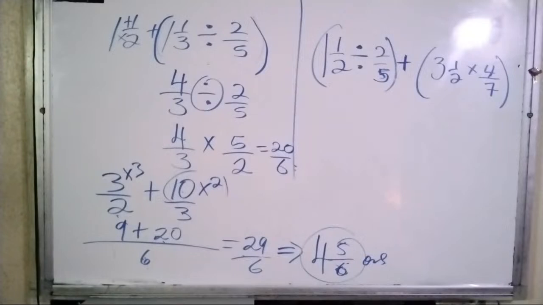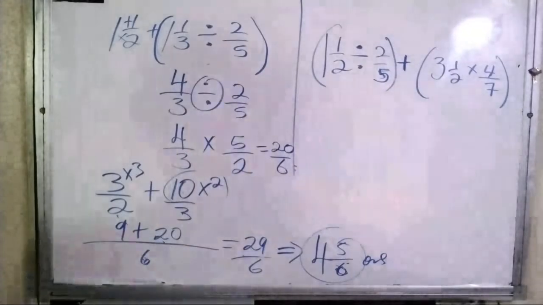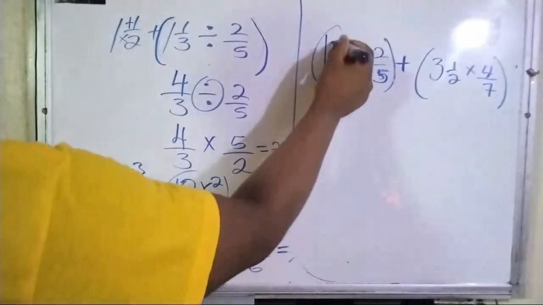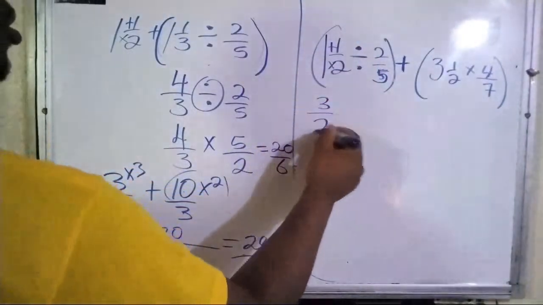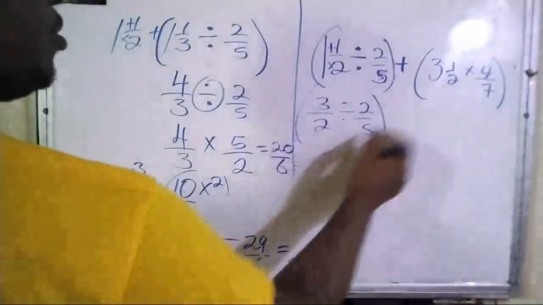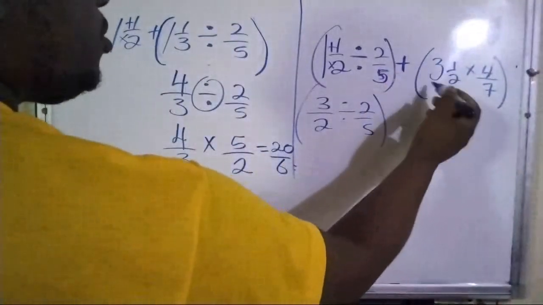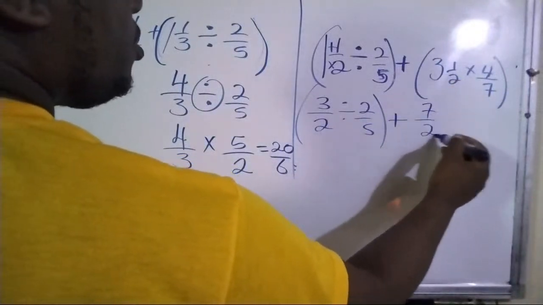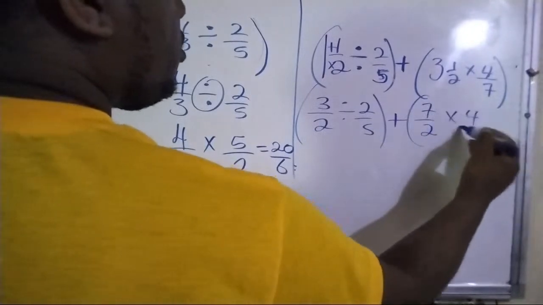Alright, so I can work out the bracket first, guys, as you said. You guys are correct. So work out each bracket separately and then we add, right? So 1 times 2 is 2 plus 1, 3 over 2, divided by 2 over 5.